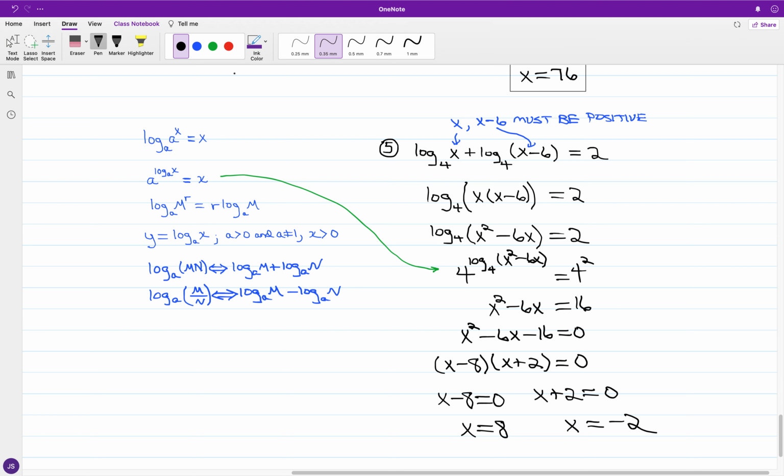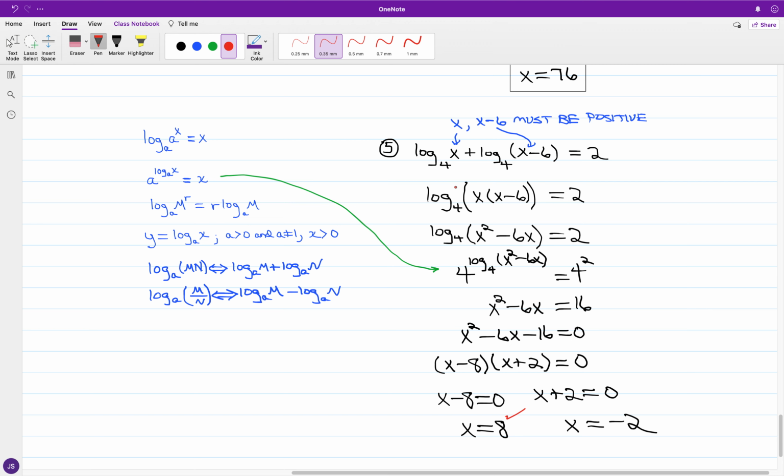But again, taking the restrictions, especially from this item where the attachment of the logarithmic term must be positive. Guess what? With x at 8, 8 is positive, 8 minus 6 is 2, also positive, so that checks out.